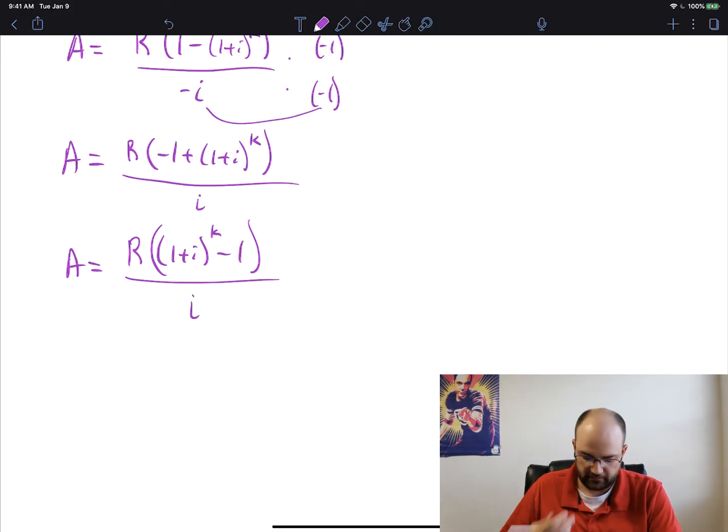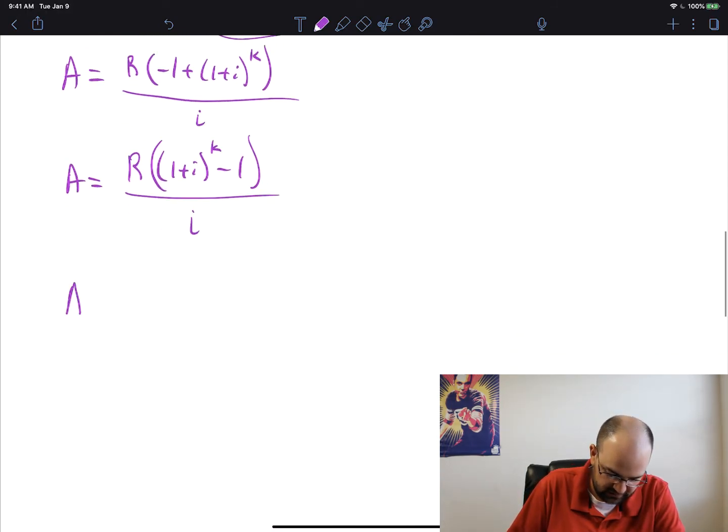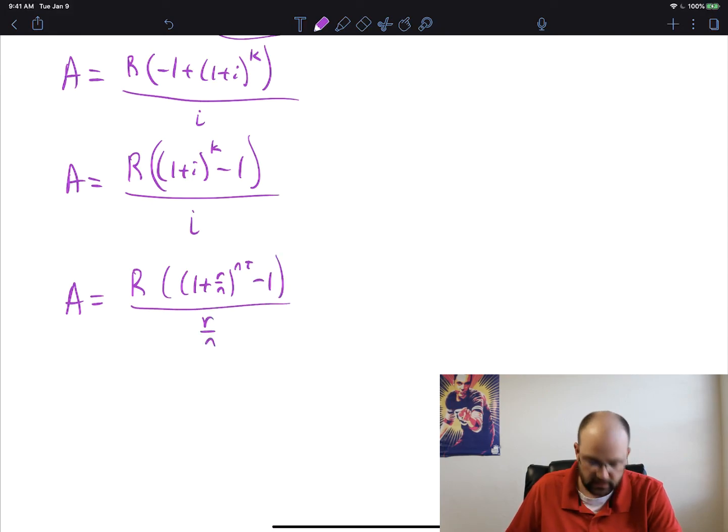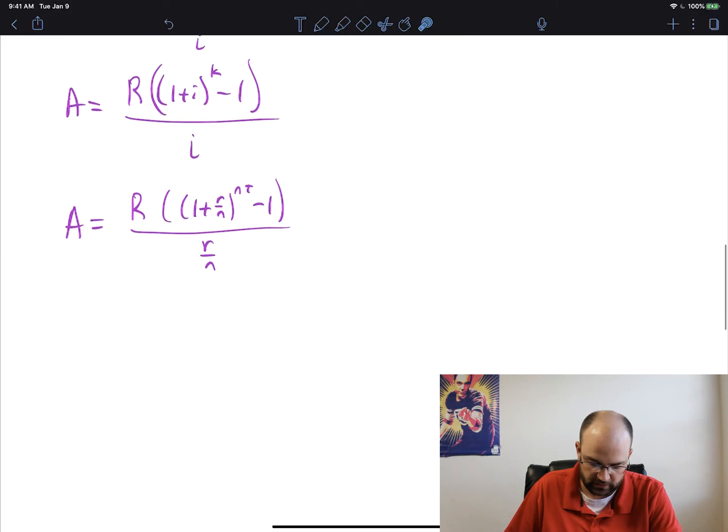Awesome. And if we replace the i's and k's with everything that they are, the formula that we're going to want to have is this one. A lot of people don't like putting the R here. They like to put it out front, which is perfectly fine because it's one big factor of the numerator.